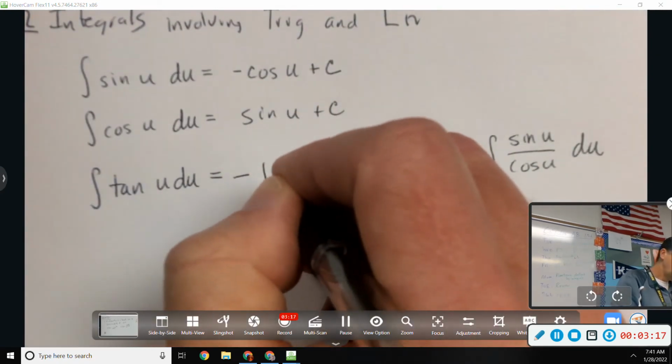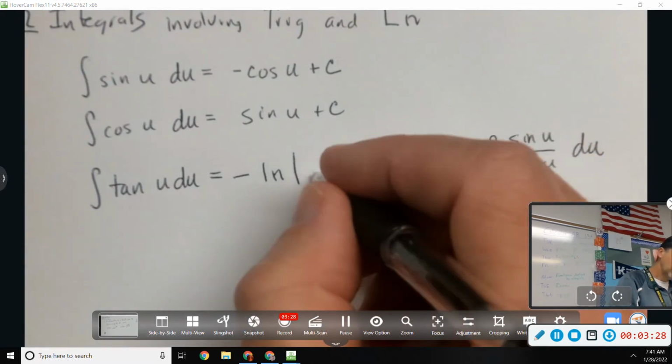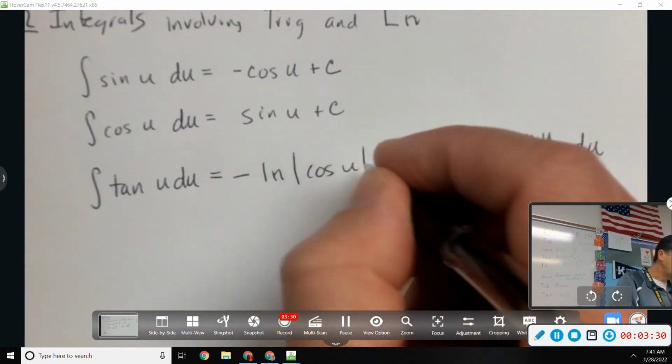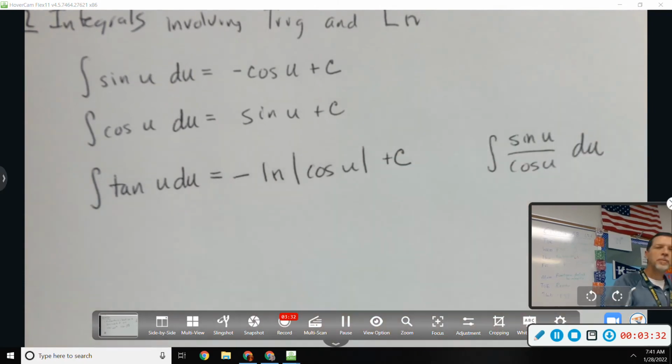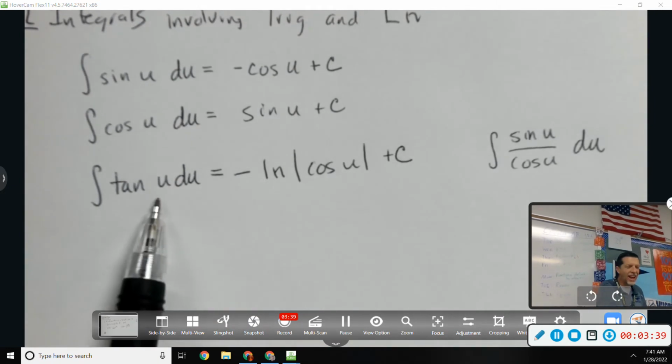Is that the natural log of absolute value? Of which one? Of cosine. The one in the bottom. And that's how this is one that I sort of have memorized.